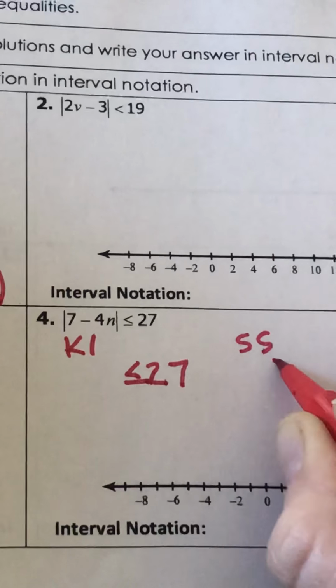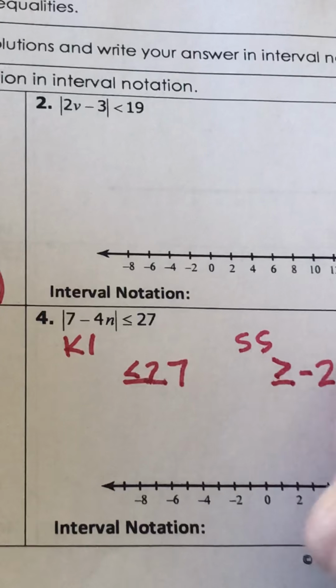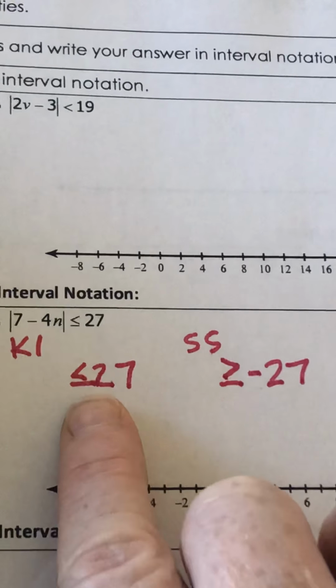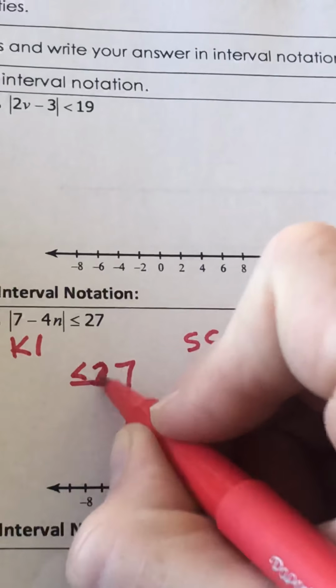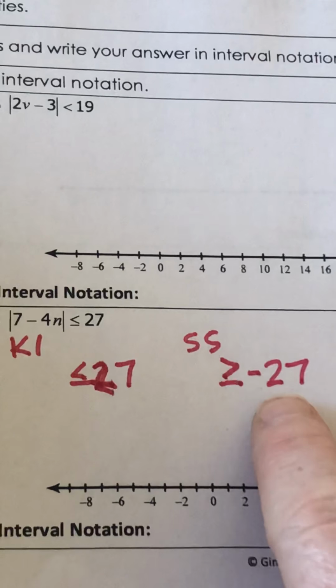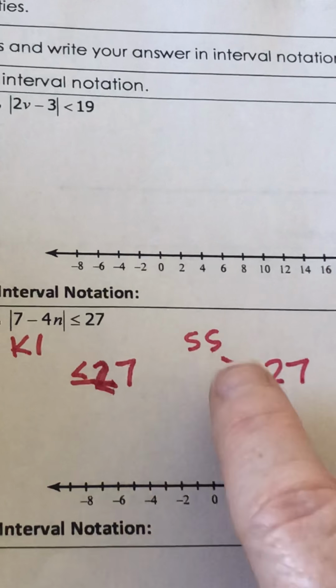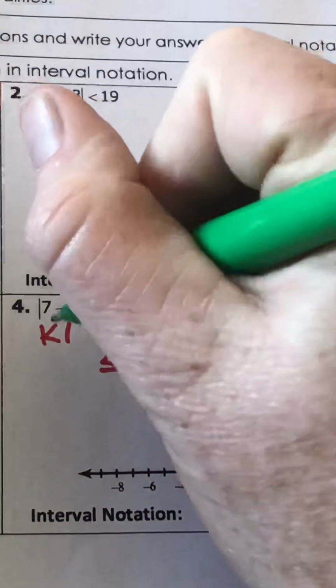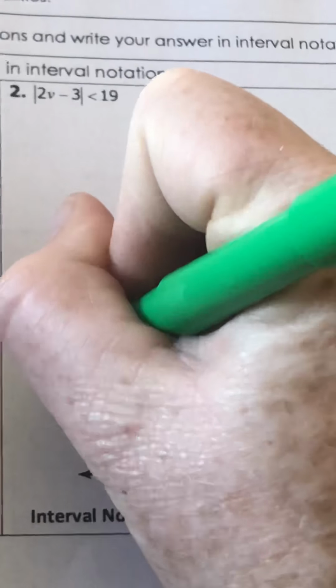The switch, switch would be greater than or equal to negative 27. Okay, that's the difference. You have keep it exactly the same, and then you have switch, switch: switch the sign, switch the sign of the number. Then obviously 7 minus 4n doesn't change. That's still there.